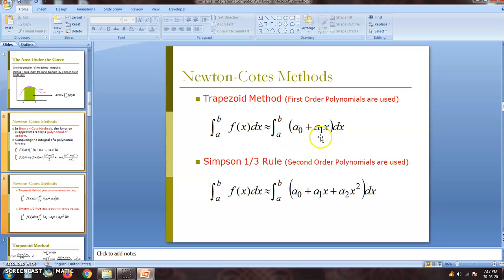So this is using only two data points where a0 and a1 can be evaluated to make it a specific solution. It is called the trapezoidal method. If it is Simpson's 1/3 rule, it uses a second order polynomial, which can be fitted as a0 plus a1x plus a2x square and so on.